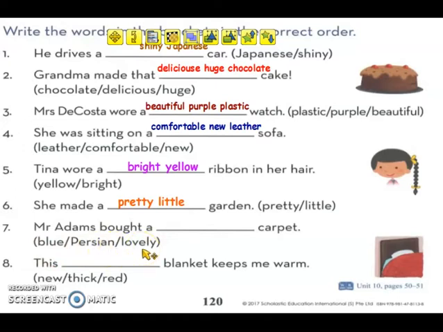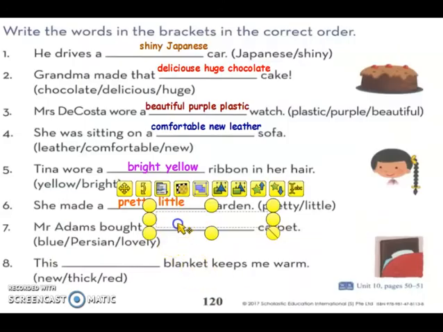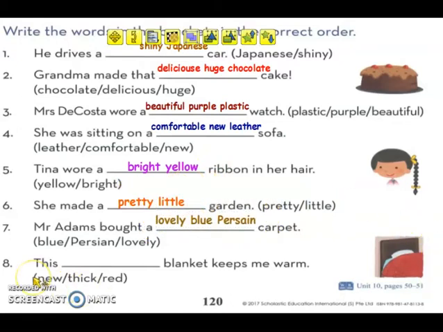Let's go back to the table. We will start with quality, color, then the origin. So this is the answer: a lovely blue virgin carpet.